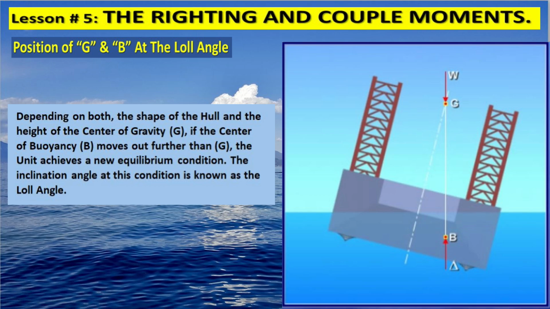Depending on both the shape of the hull and the height of the center of gravity G, if the center of buoyancy B moves out further than G, the unit achieves a new equilibrium condition. The inclination angle at this condition is known as the lull angle.